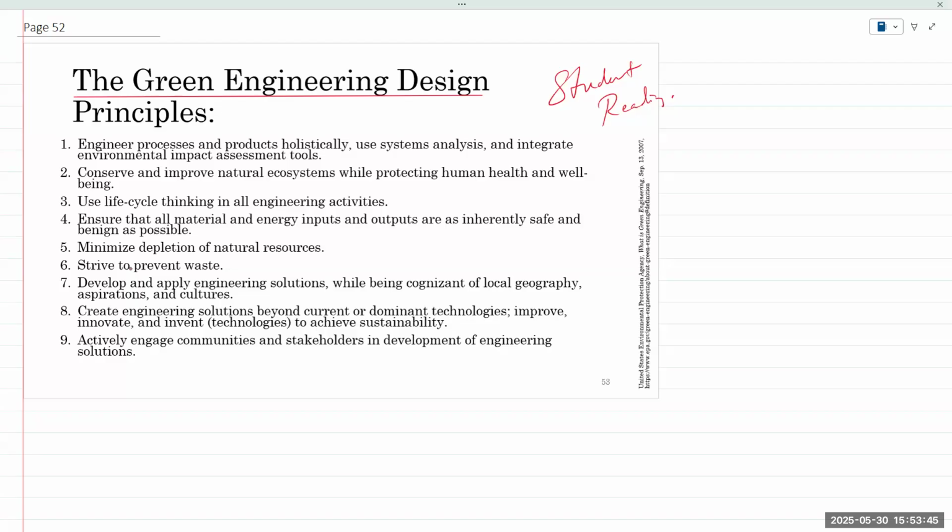But as practicing engineers, this is important information for students to know. Whether you are in electrical engineering or any other scientific or mathematical field, sustainability is an important topic. So keep that in mind.